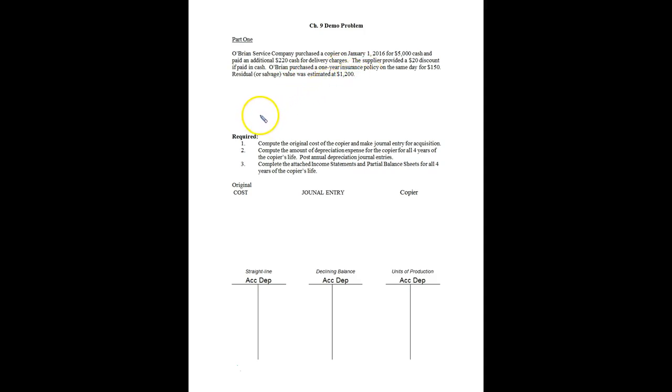So what we want to first look at, up until the time we start using this copier, what were the costs involved? Well, there was a $5,000 cash payment, but actually we didn't pay cash of that. We paid $4,980, correct? So the purchase price of $5,000 less the discount of $20. And just like we saw with inventory, discounts reduce our cost.